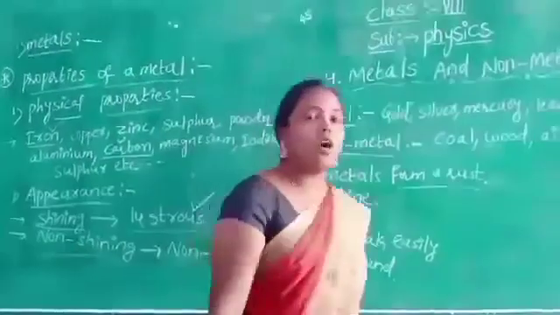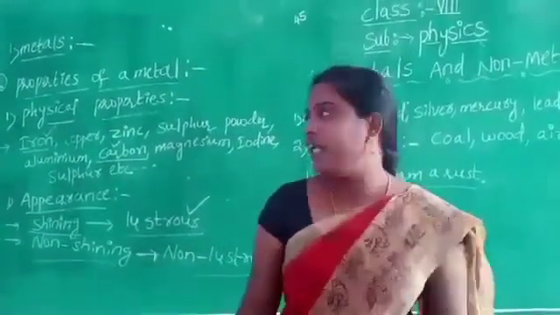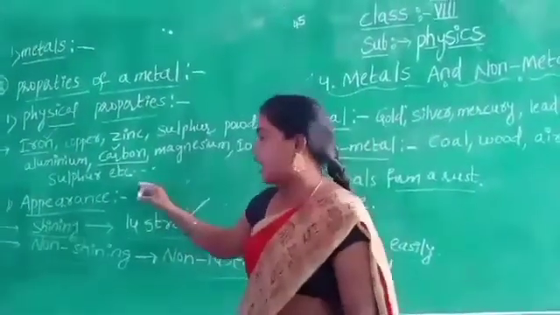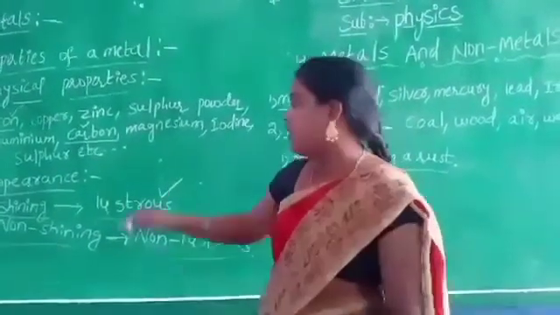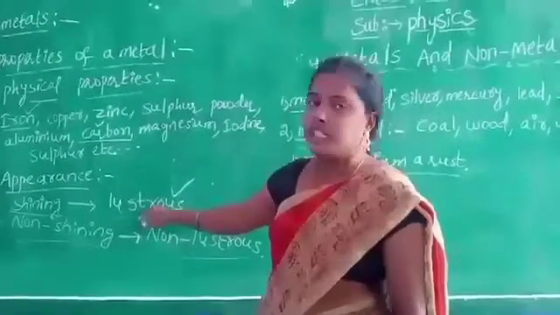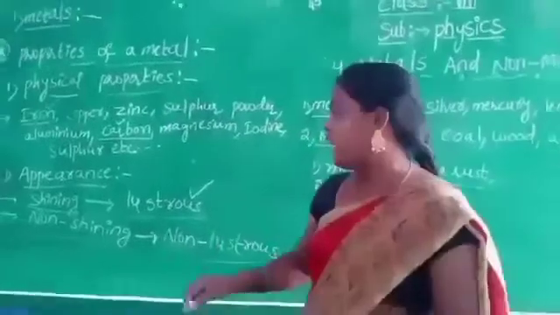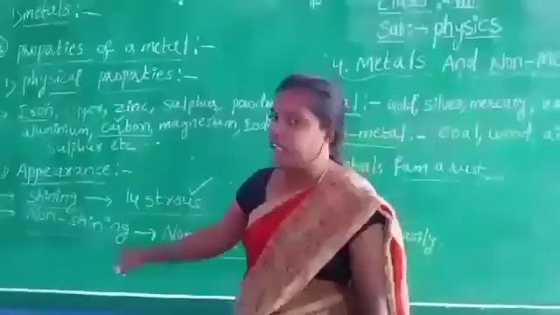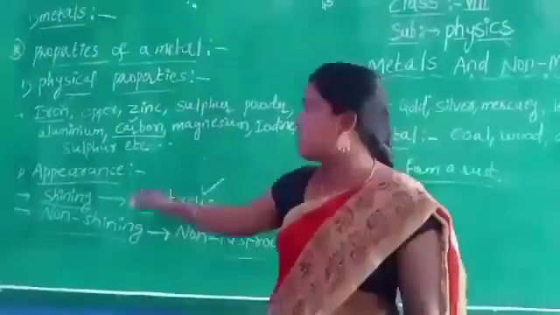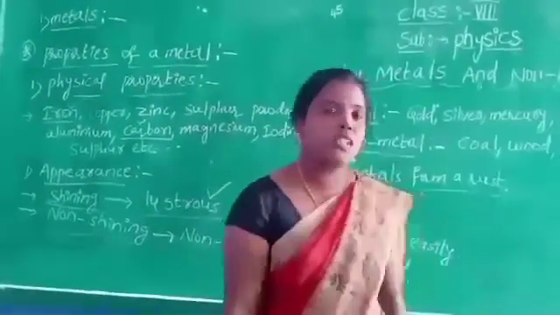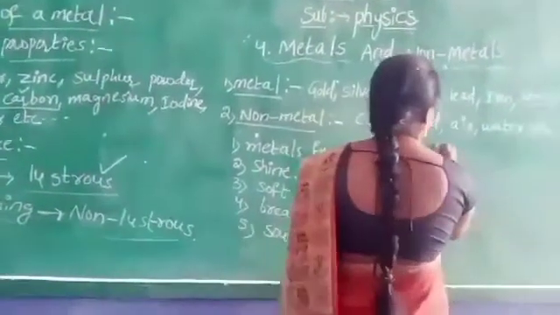Collect all types of materials from your surroundings or from the laboratory, then expose them to sunlight. Which materials are shining? They are called lustrous materials. Which are non-shining? They are called non-shining or non-lustrous materials. This is about what? Appearance.